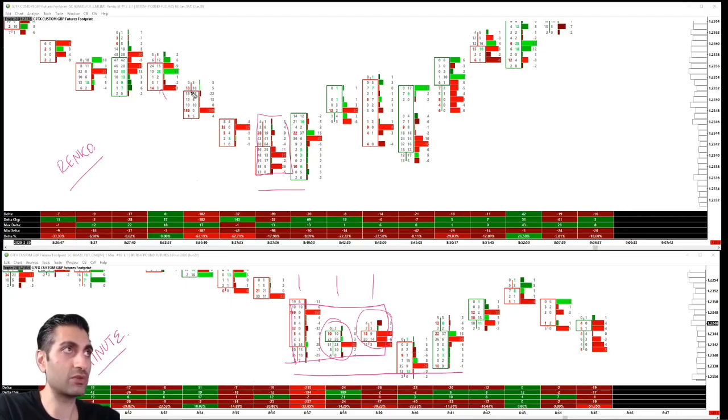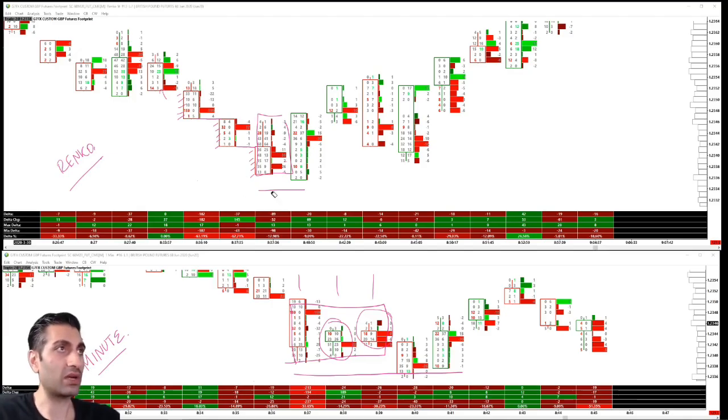Since the previous close, you've had 1, 2, 3, 4, 5 ticks. That's what's causing this to change.